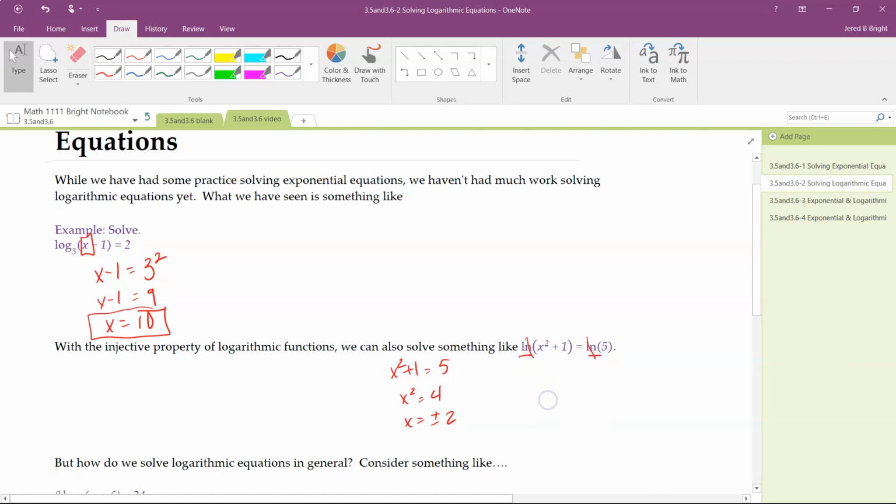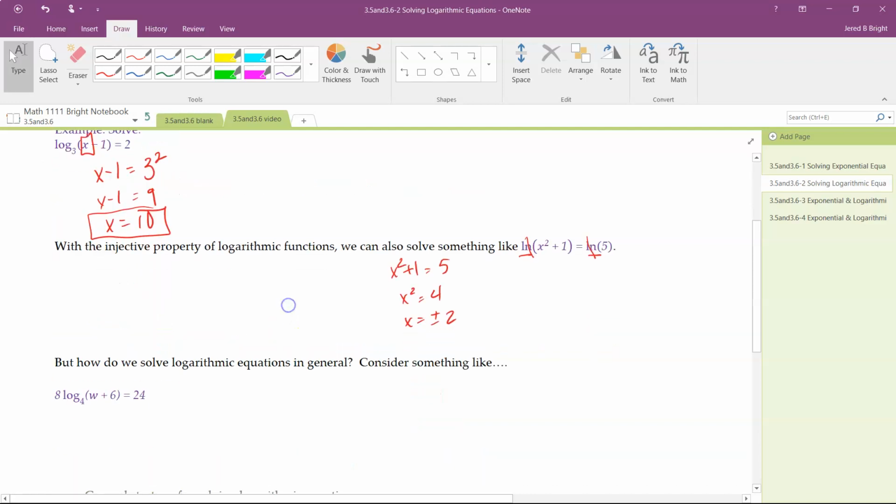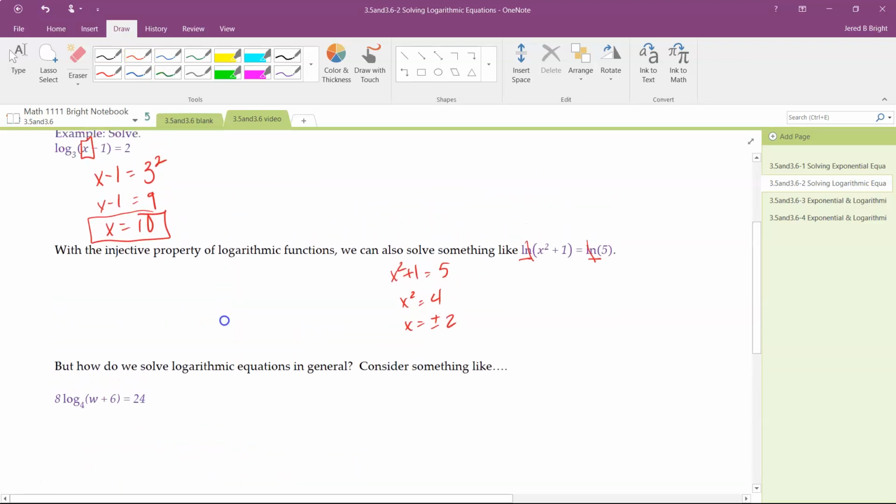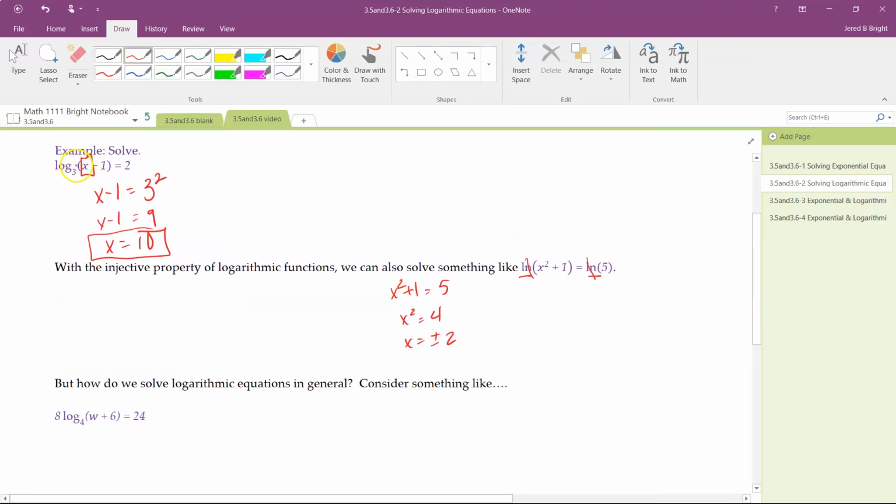Okay, but now in general, how do we solve a logarithmic equation? Well, you remember we had a four-step process generally for exponential functions. It translates pretty well to logarithmic equations, but let's work through an example. Most generally, I want to be able to use the definition from logarithmic to exponential form.